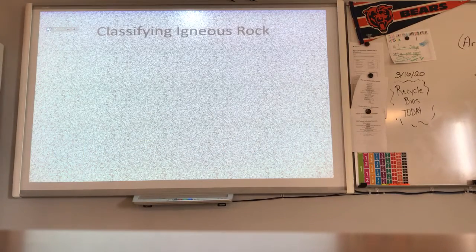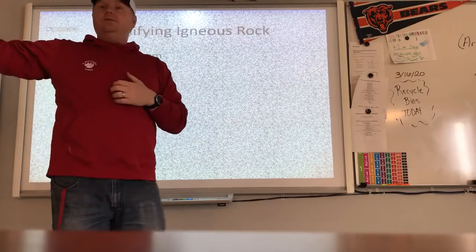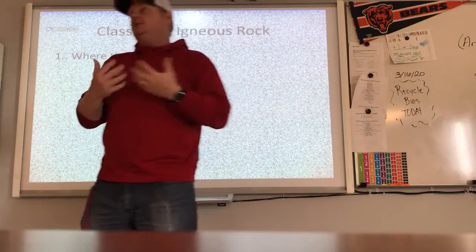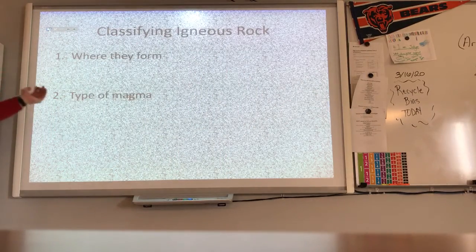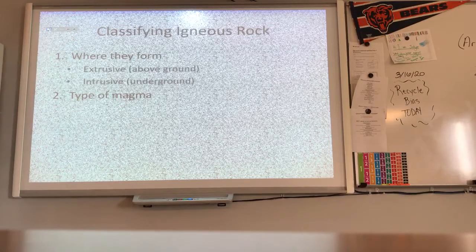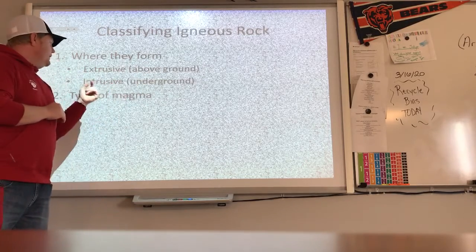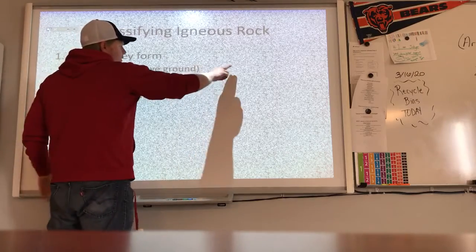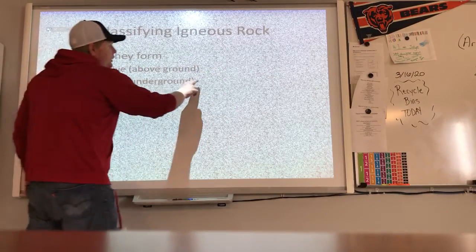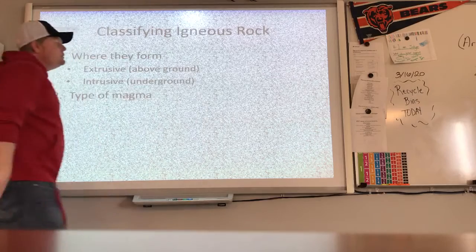Now, classifying igneous rock. Where they form is a big thing. Whether they're intrusive or whether they're extrusive. It's a big deal. Their type of magma. What makes them up? Where they form? Extrusive. They formed above the ground. Intrusive. Under the ground. So if we're extrusive, fine grains, no crystals. Intrusive, crystals and large grains.